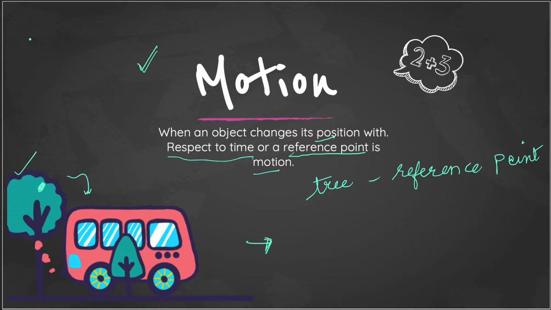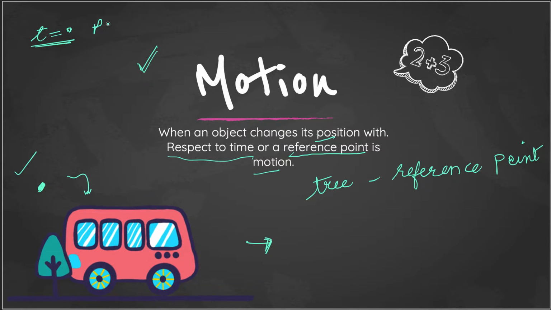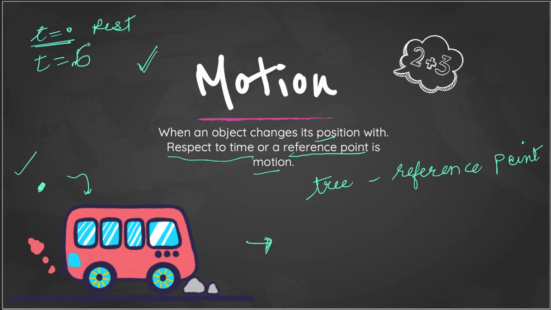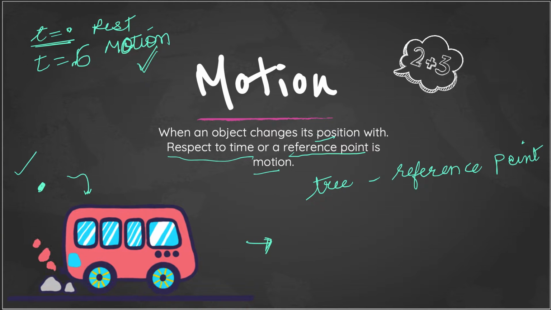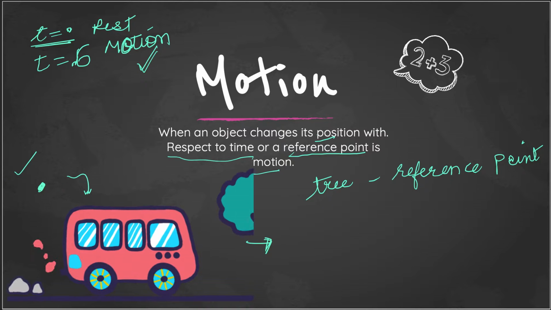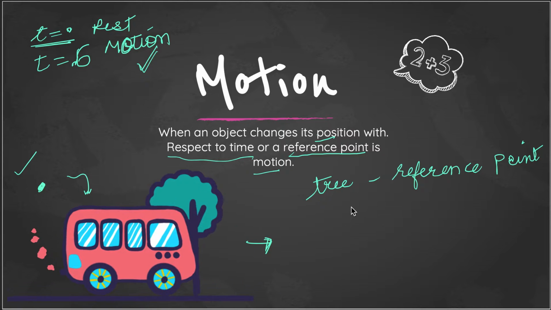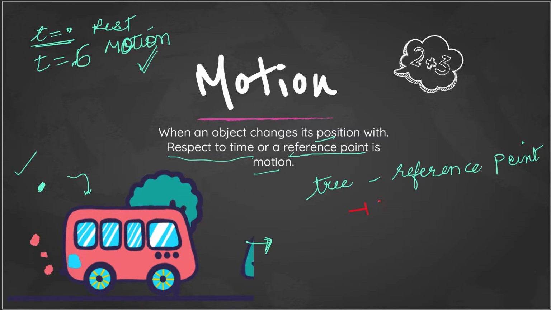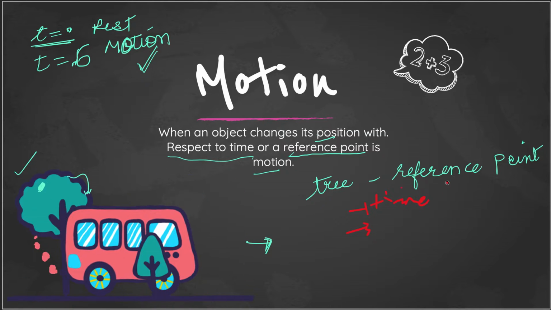For example, at time 0, at 0 seconds, the bus was in a state of rest, whereas at 6 seconds the bus came into motion. So this means that time also plays a very crucial role. The two things which play an important role are, number one, your time, then your reference point.